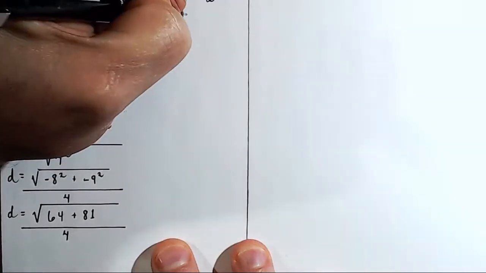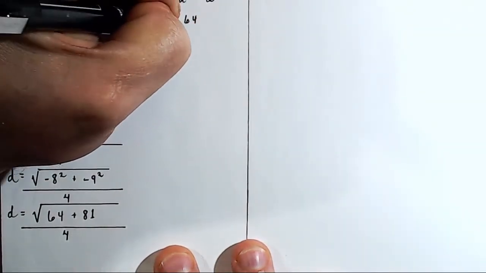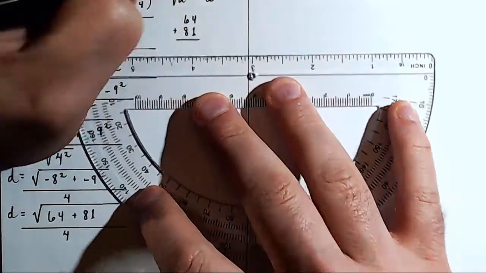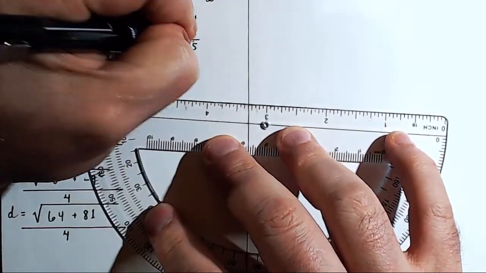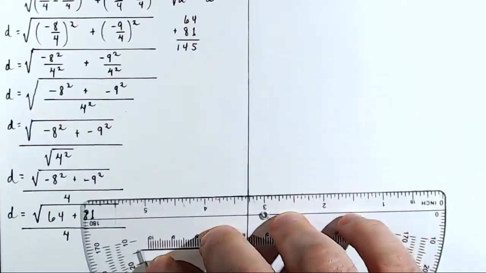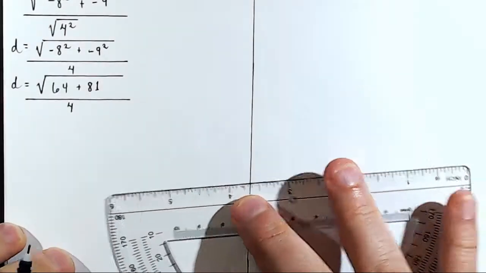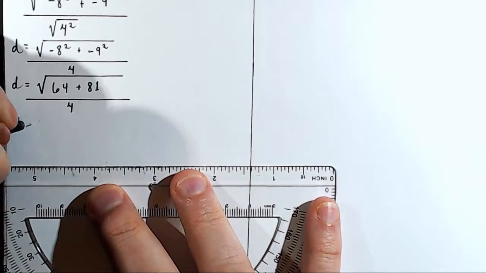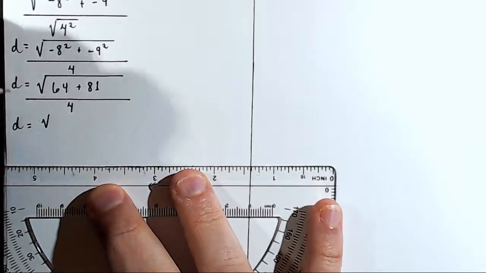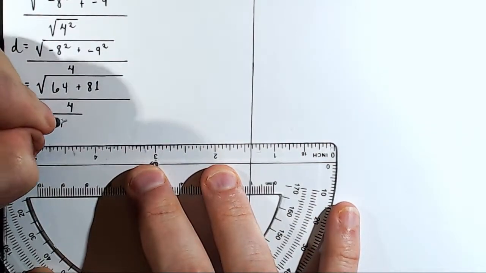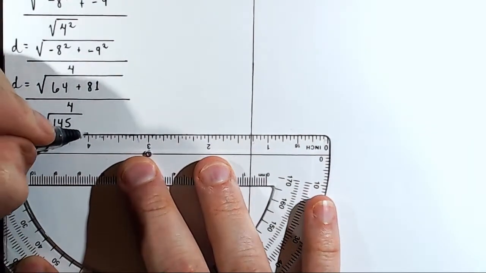Well, what is 64 plus 81? 4 plus 1 is 5, 6 plus 8 is 14, so 145. So now I'll rewrite the square root of 64 plus 81 as the square root of 145. D equals the square root of 145 over 4.